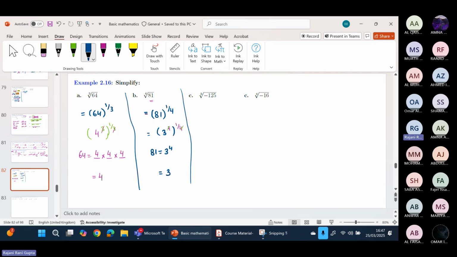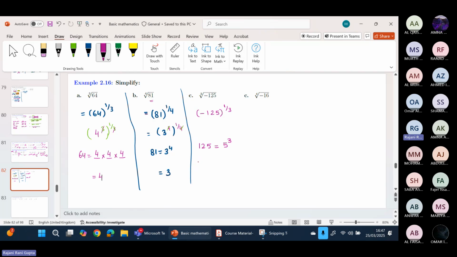Okay, last, this one. Minus 125. Don't panic if you see the minus sign. Do the same thing. Minus 125 power 1 over 3. First check the number 125. How do you get it? 5 power 3.